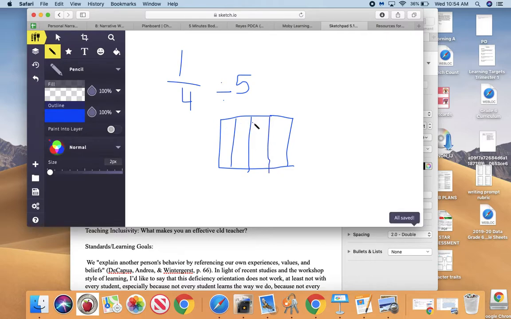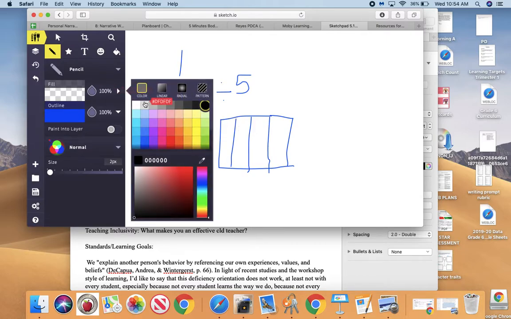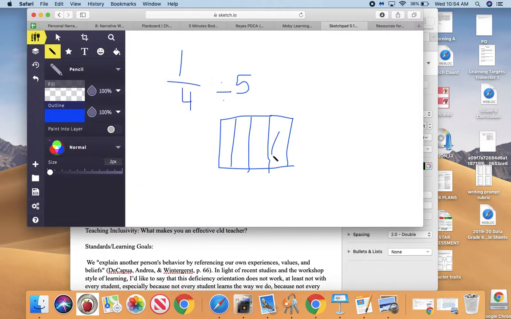So I have 1/4, 2/4, 3/4, 4/4, sort of like our number line. And I'm going to fill or color this one in.